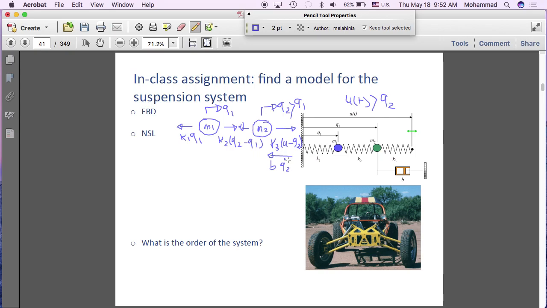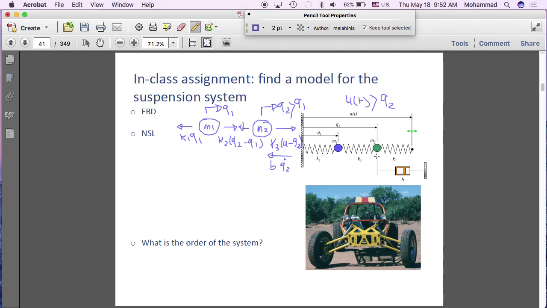The assumption we are making is that the damper on one side is stationary and the other side moves. So the only moving side is what is attached to M2, which is shown with variable Q2. So the velocity of the second mass defines that force.